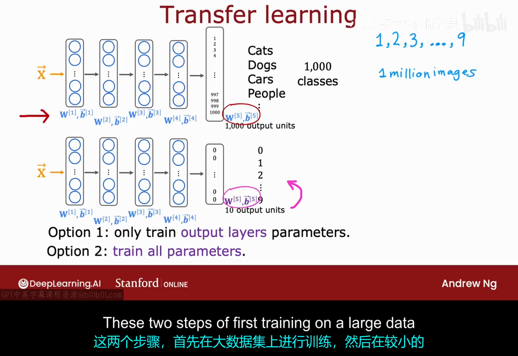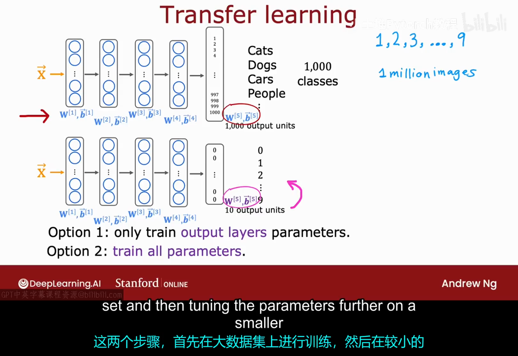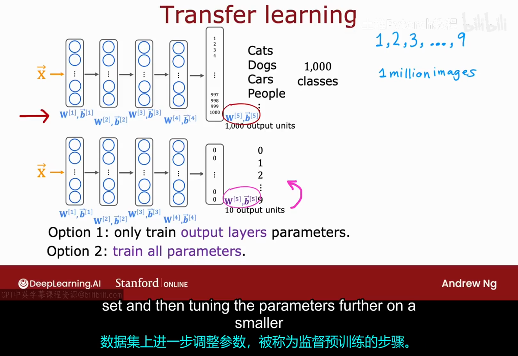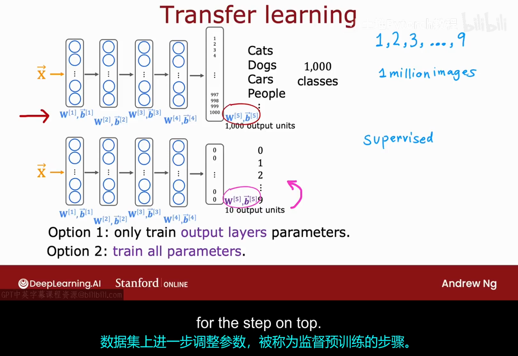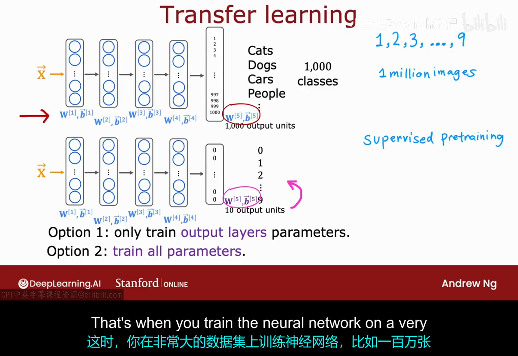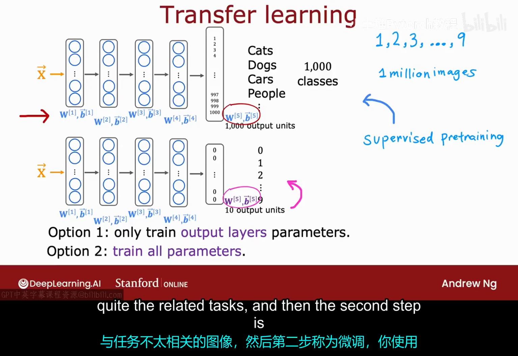These 2 steps of first training on a large data set and then tuning the parameters further on a smaller data set go by the name of supervised pre-training for this step on top. That's when you train the neural network on a very large data set of, say, 1 million images of a not quite related task.